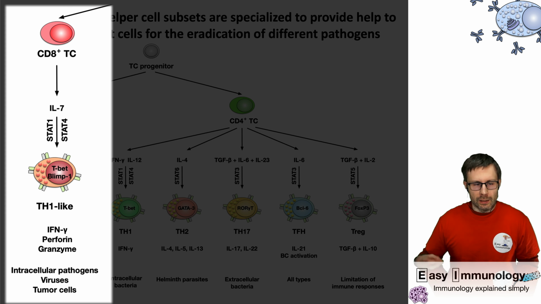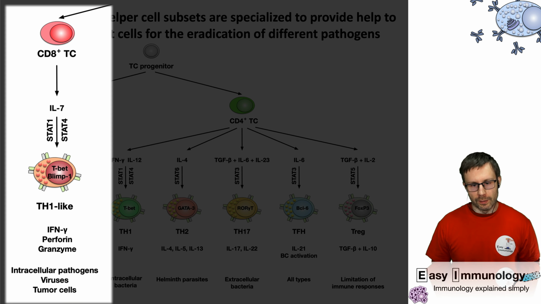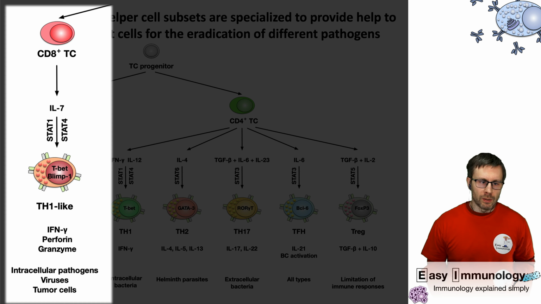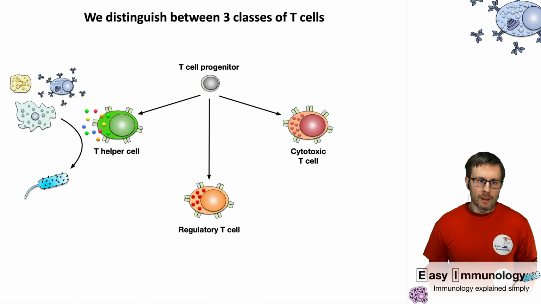They are also like a Th1-like phenotype, because they probably were the same cell during evolution, and then this diverged into these two different cell types. They can produce also a lot of interferon gamma, but also perforin and granzyme, which they use to kill intracellular pathogens, virus-infected cells, and tumor cells. But we will look at this in more detail in one of the next slides.